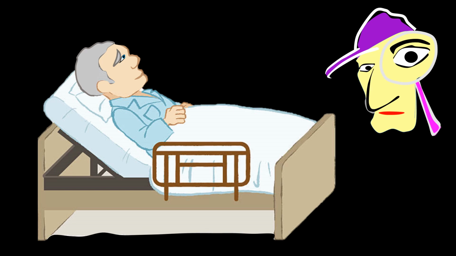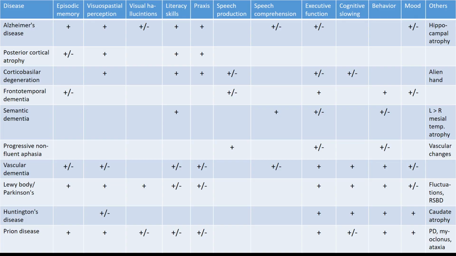To do so, in case of dementia, I like to make use of the chart I presented to you before. As you can see in this chart, the terms Lewy body dementia and Parkinson's disease are together. This is so because Lewy body dementia is highly linked to Parkinson's disease, and long-standing Parkinson's disease patients develop Parkinson's dementia.